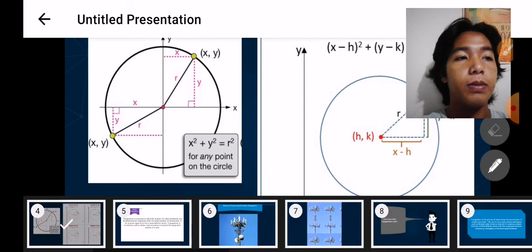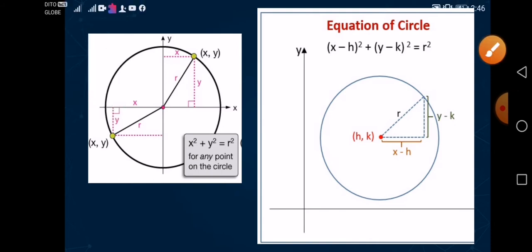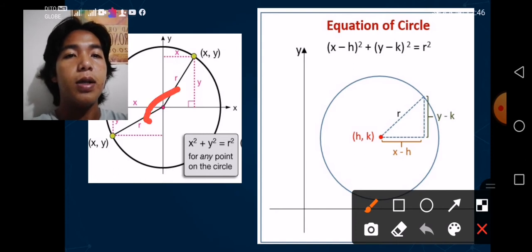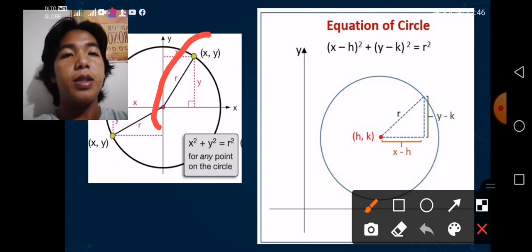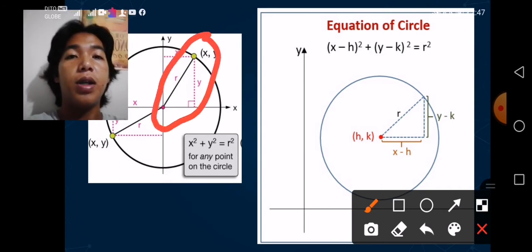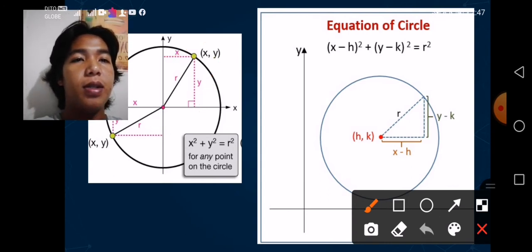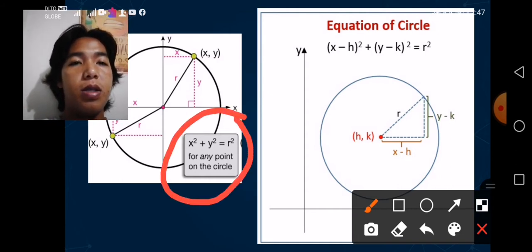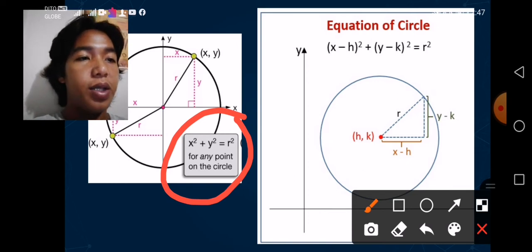So, as you can see, this is the center. And this line here that connects the center to the circumference is the radius. This kind of circle is equated as x squared plus y squared equals r squared, and its center is located at the origin.